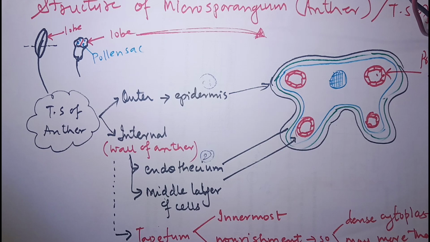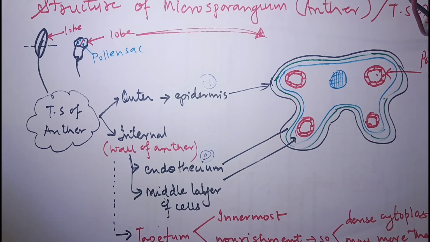Each chamber contains a large number of pollen grains. The anther wall is actually composed of how many layers? 4 to 5 layers. The innermost layer of this wall develops a single layer called tapetum.